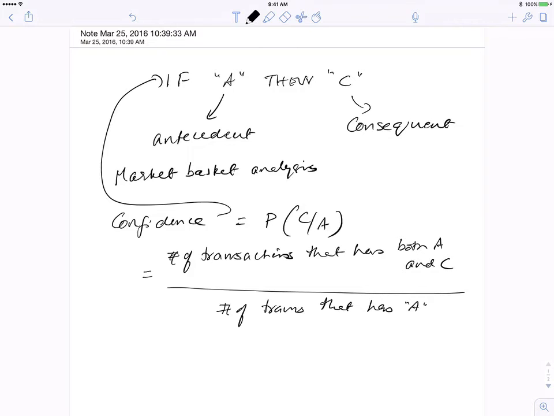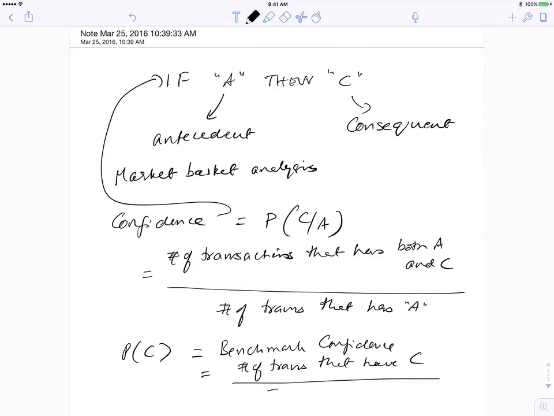The question is, how do you know something is very interesting? For which we need to know the probability of C. This is what we call the benchmark confidence. Benchmark confidence basically says the number of transactions that have C divided by the number of transactions in your database.